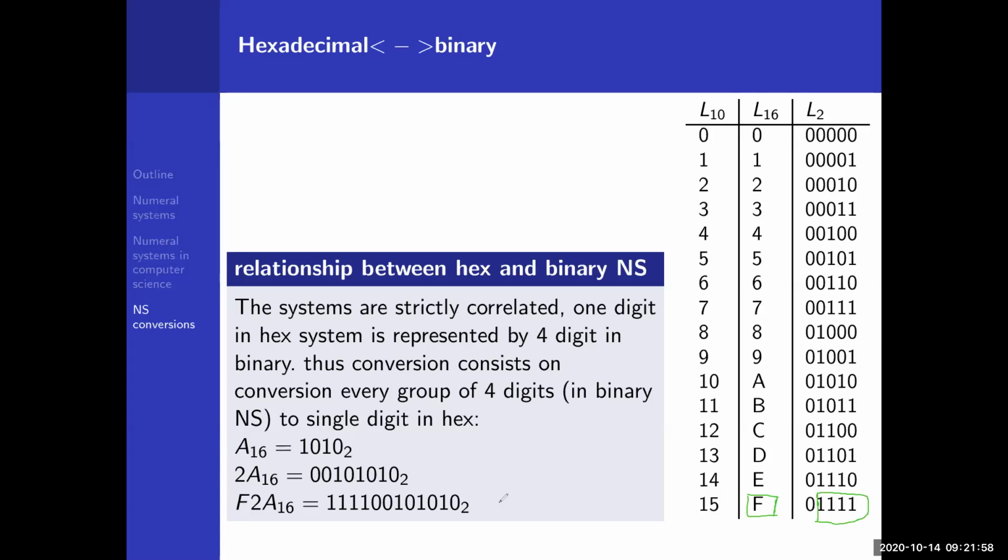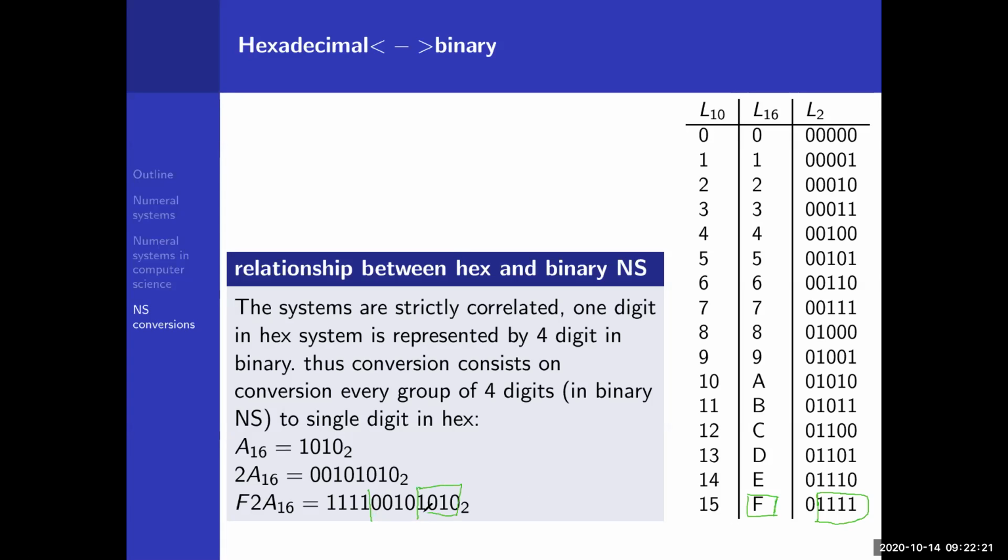So when we want to convert values from binary into hexadecimal form, it's enough to split it into blocks of 4 digits, and we can easily convert every block.